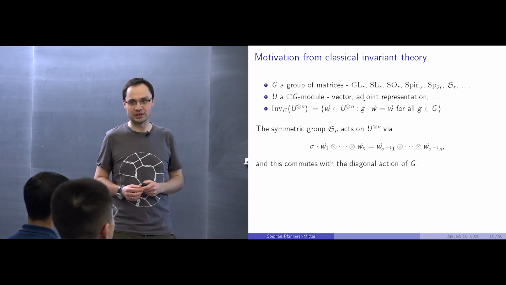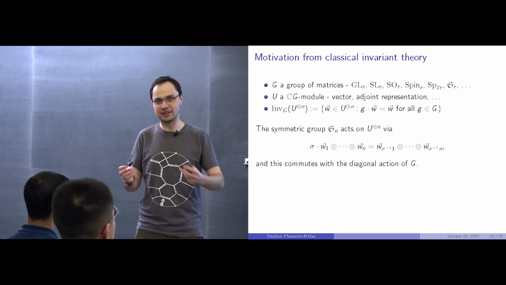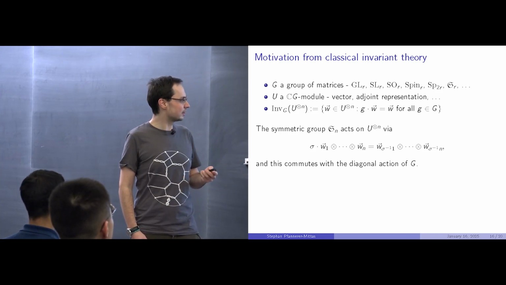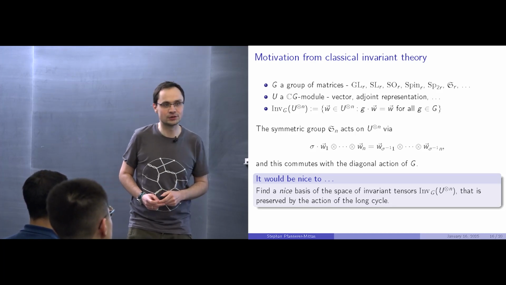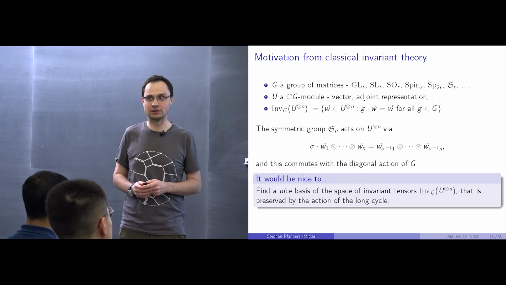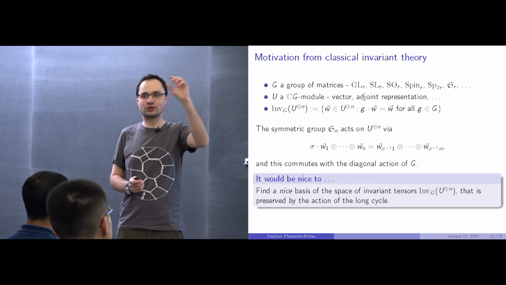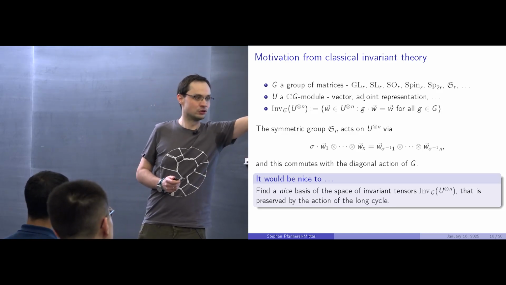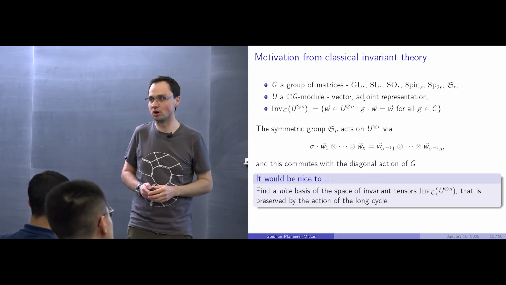So there must also be some kind of nice basis that behaves nicely with respect to the symmetric group on this invariant space. So we want to find a basis that's nice with that S_n action, and the best that we can actually hope for is to find a basis that respects the action of the long cycle. So the long cycle in S_n is: 1 is mapping to 2, 2 is mapping to 3, 3 is mapping to 4, all the way to n, and then n mapping back to 1.